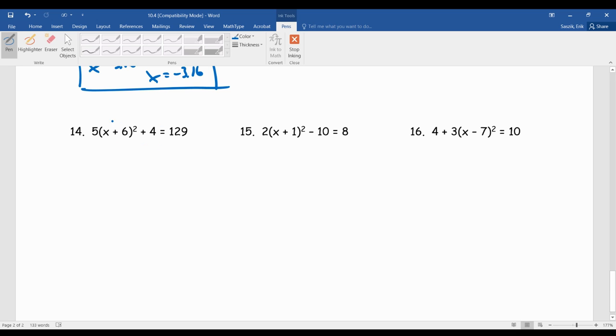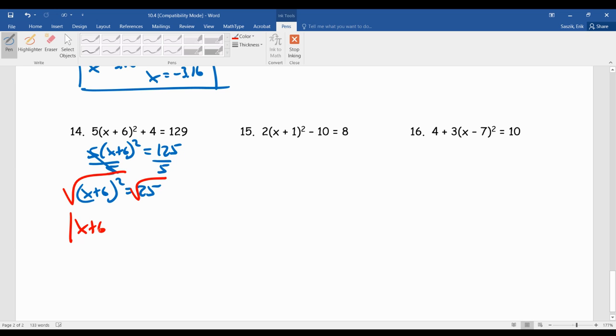So again, we want to get this parentheses squared by itself. So move the 4 over by subtracting. Divide both sides by 5. And we now take the square root of both sides.